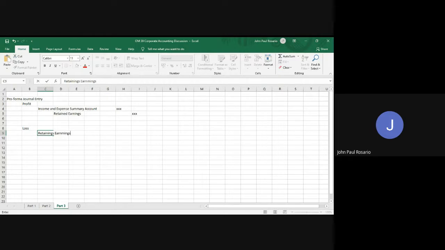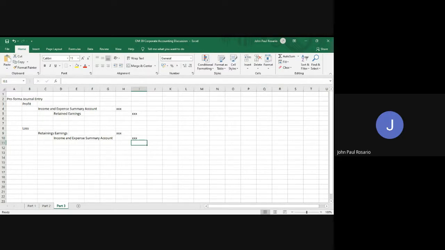Okay? Profit increases your retained earnings while losses decrease it. So with that, you debit the income and expense summary account and you credit the retained earnings. So we do here XXX and then debit and credit.